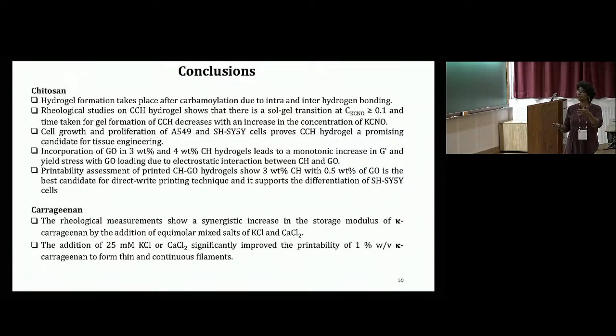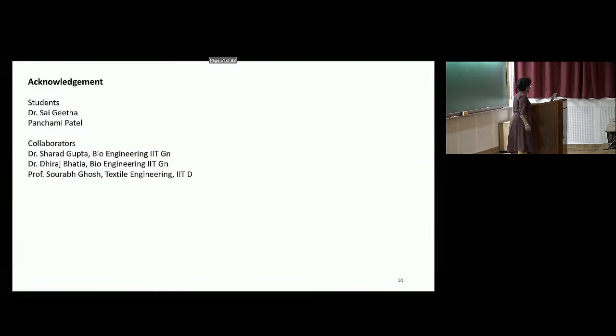For the chitosan, we experimented with carbamylation reaction and addition of a filler, in our case, graphene oxide. And we showed that these strategies can help in improving the print fidelity of these materials. And finally, I showed some applications in water remediation as well, which I haven't written in the conclusion. So you can make beads also by the same mechanism.